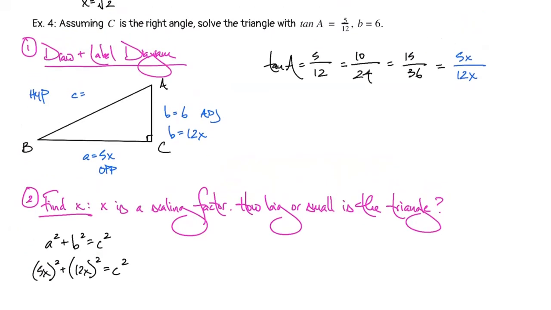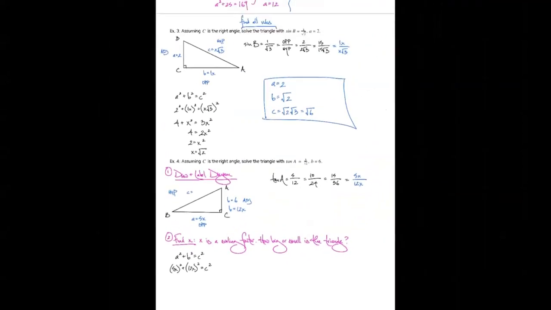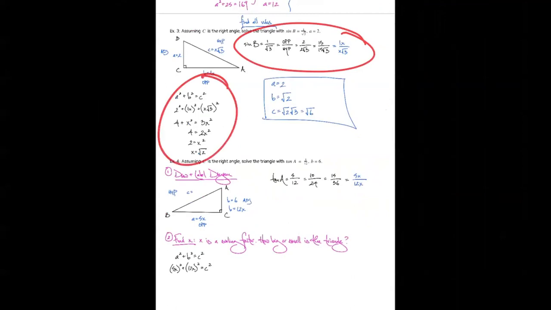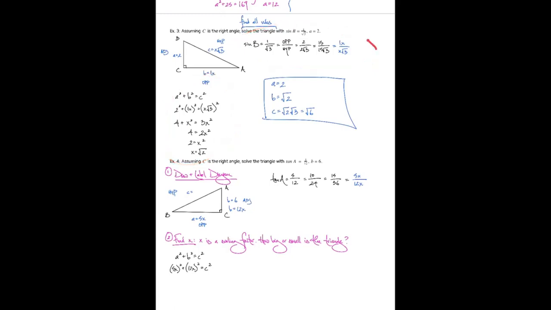So let me zoom in a little bit here. In the last question, we set up this ratio, and then we used the Pythagorean theorem. Great. Can you do that for all questions? Because this is where a lot of times we get ourselves into trouble. We're like, well, I studied one problem and I did it this way, so I must be able to do that for every single one.